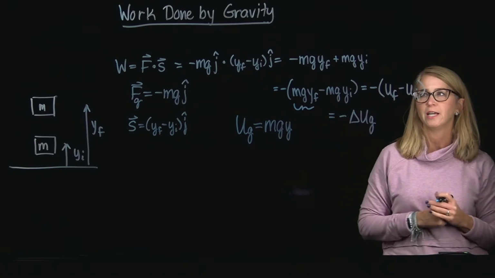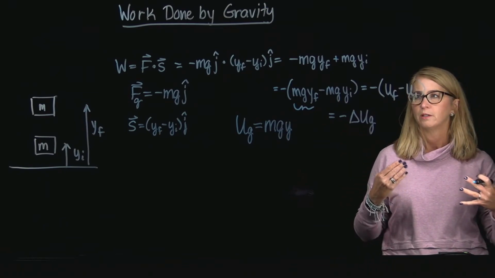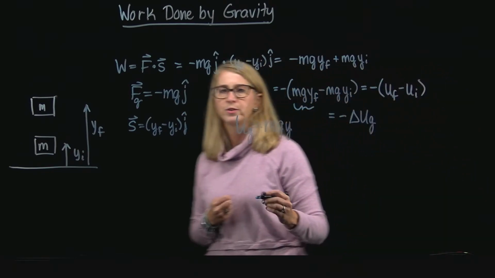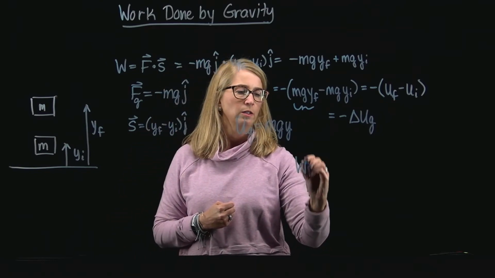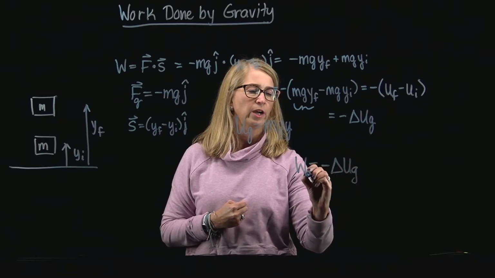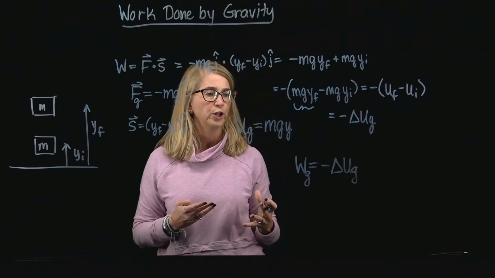The negative sign ends up having some significant consequence here when we think about it, because in the end, we're saying that the work is equal to minus the change here. The work done by gravity is equal to minus the change in the gravitational potential energy.